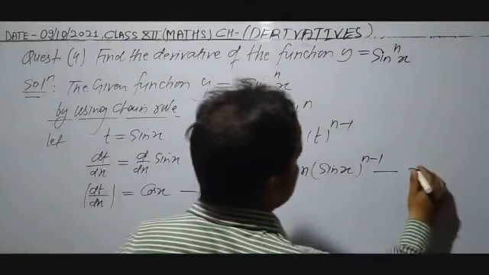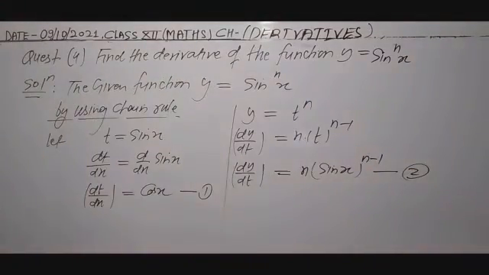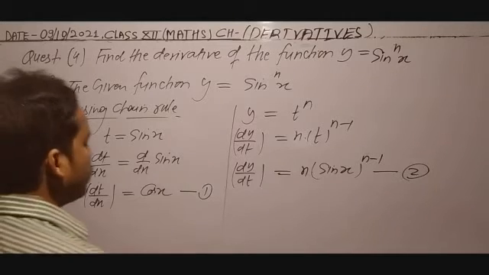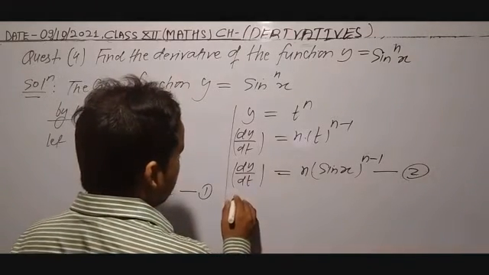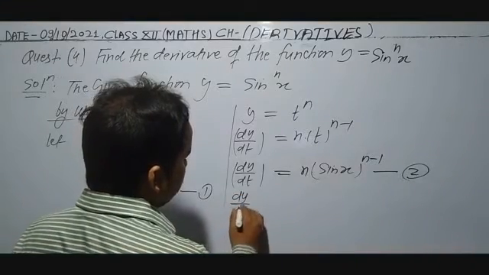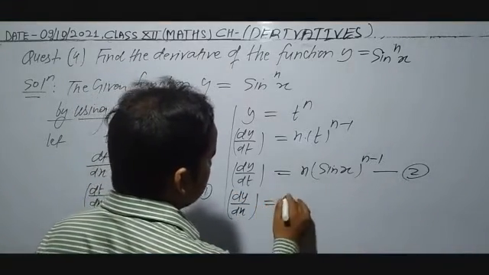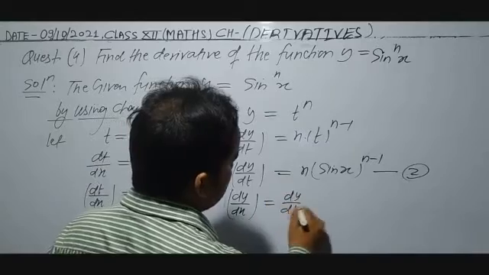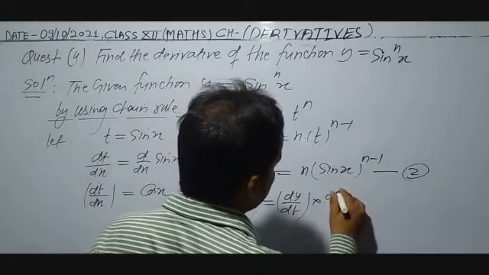Now consider equation 2. From equation 1 and 2 it is clear that you can calculate dy by dx by multiplying these terms.